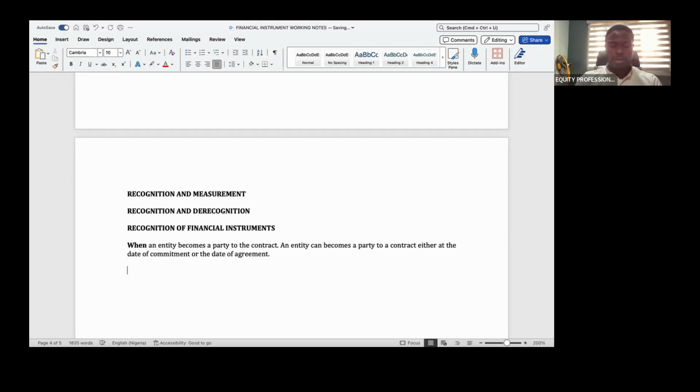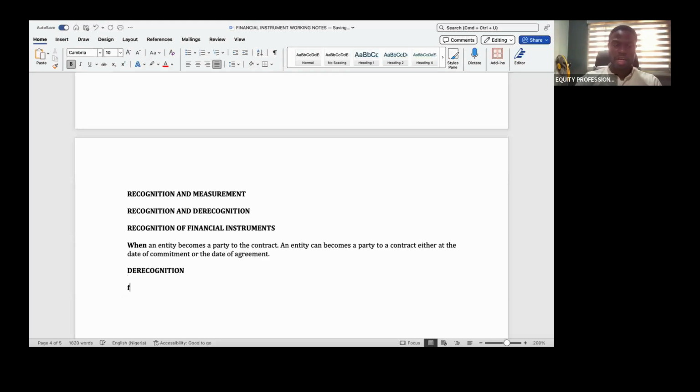The next one is derecognition. So derecognition is the removal of an item or an element from the financial statement. Removal, derecognition. So at what point can you derecognize items?